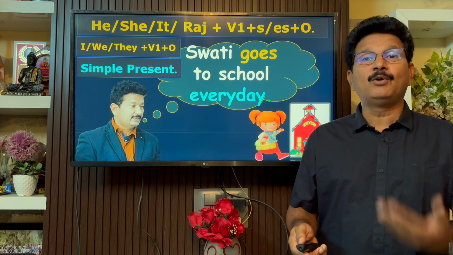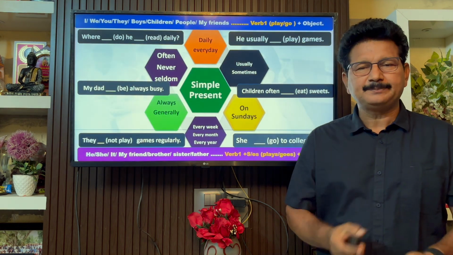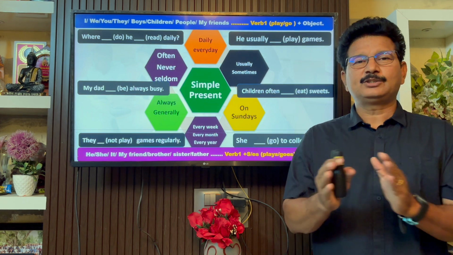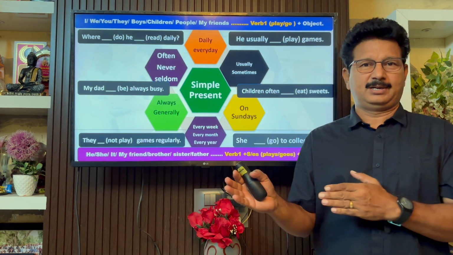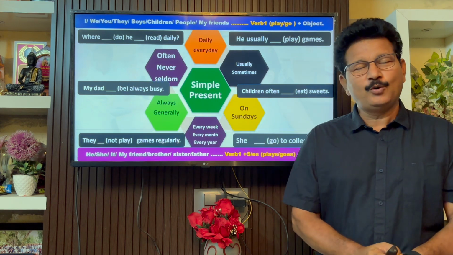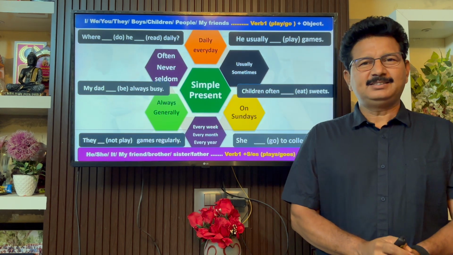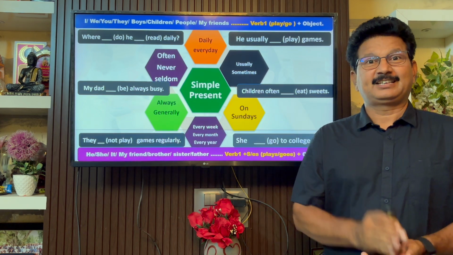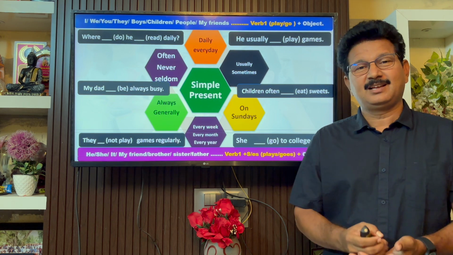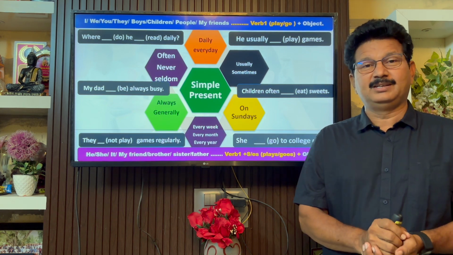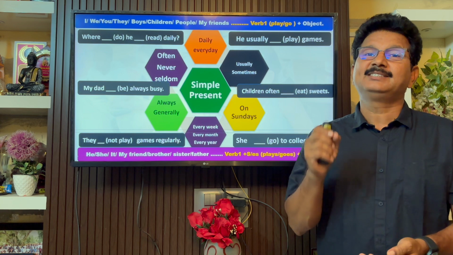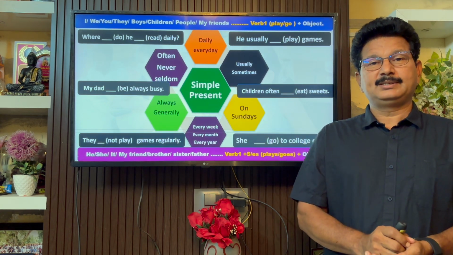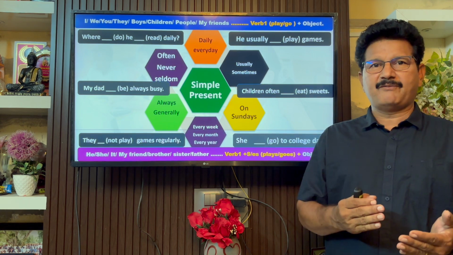Let's look at more examples from simple present tense. What I suggest is, the students who are very confident about the examples can do them already. Others can just look at the keywords. You can even write down the keywords to identify that it is simple present tense. The first keyword is daily or every day.